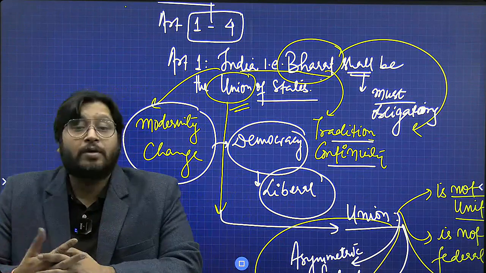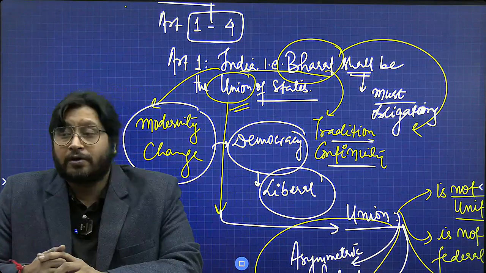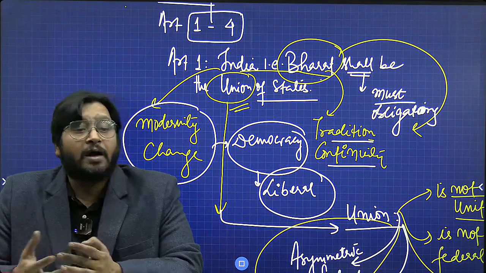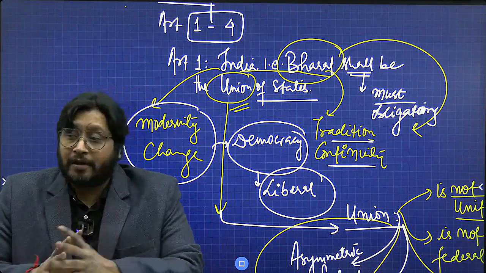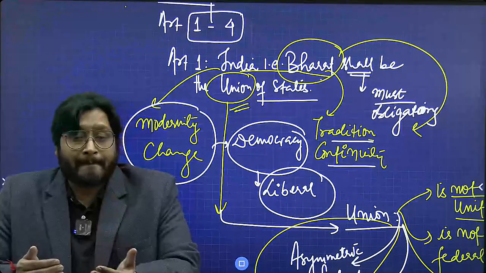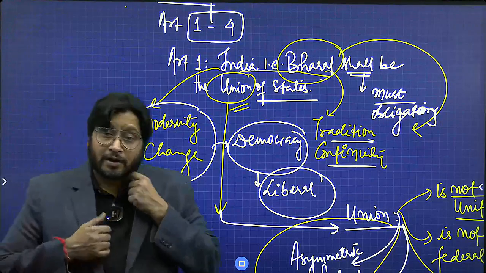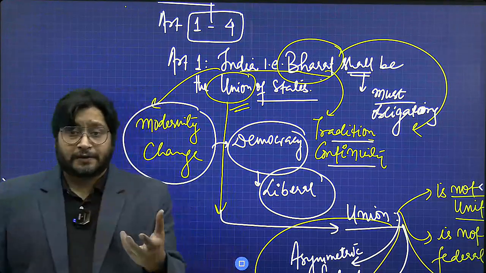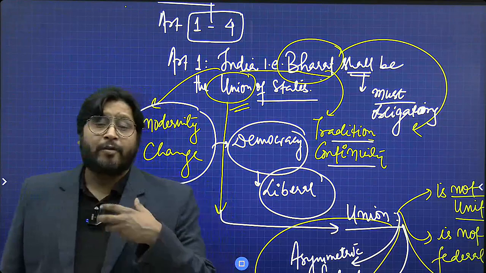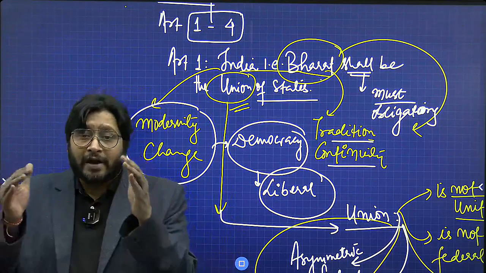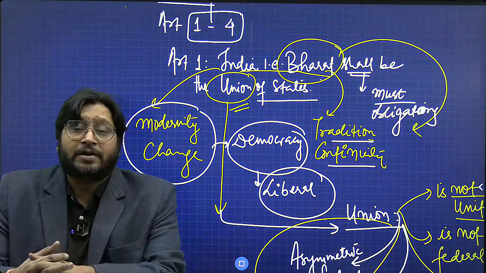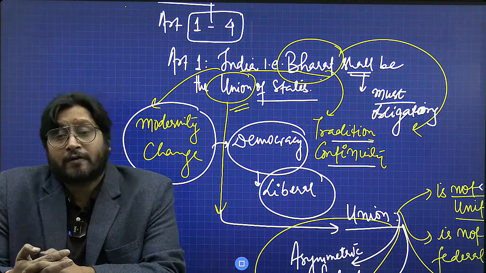Whether you talk about northeastern states, or racism in Karnataka, Delhi or Tamil Nadu, or the north-south divide, which is mostly visible in the southern states, even in northern states. If that was the case, many states would have made their own laws, segregated the boundaries, and restricted the movement of people.